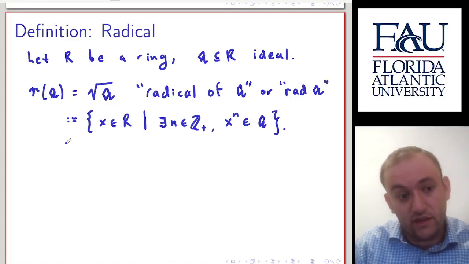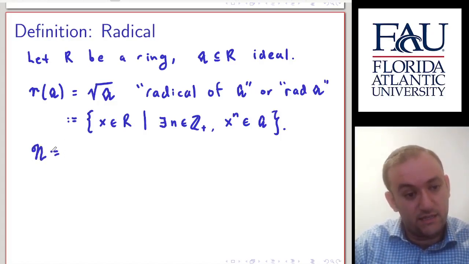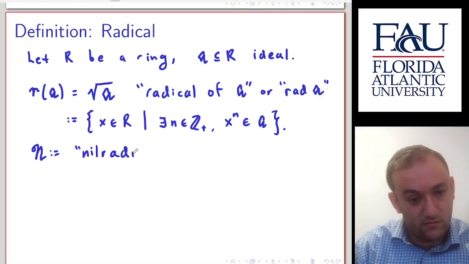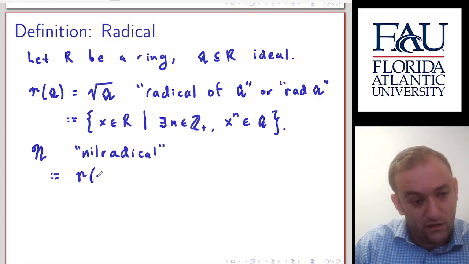Using this, we can define n, which is called the nil radical. And this is defined as, I guess, the radical of the 0 ideal.